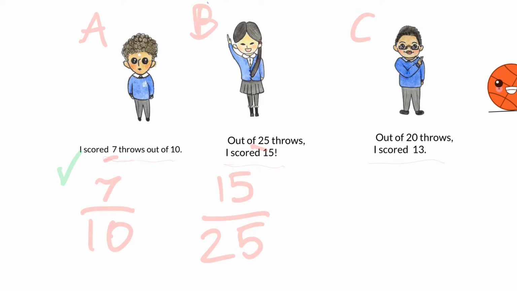So her fraction was 15 out of 25. Charlie scored 13 throws out of 20 altogether. Now the problem is that we can't compare who has the best score because the denominators are different.